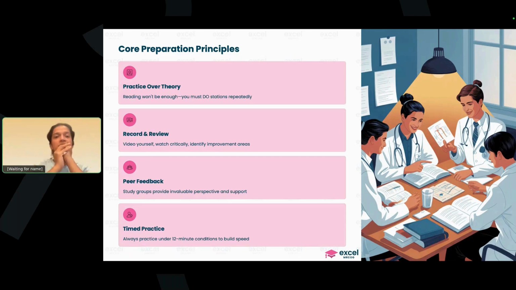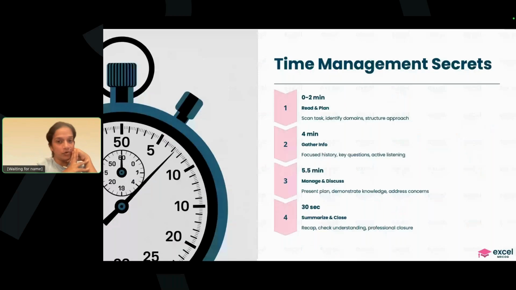So time management: in the 2 minutes, you have to read what the domains are, the same thing that we discussed earlier. What is the task? Identify the domains and your approach. You can make that grid that we discussed earlier and just try to absorb the information.